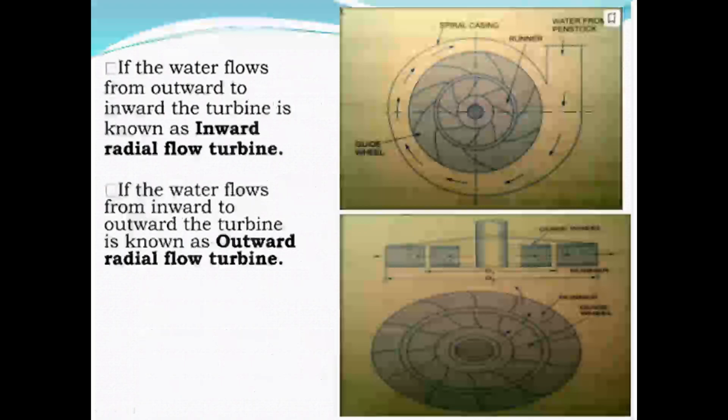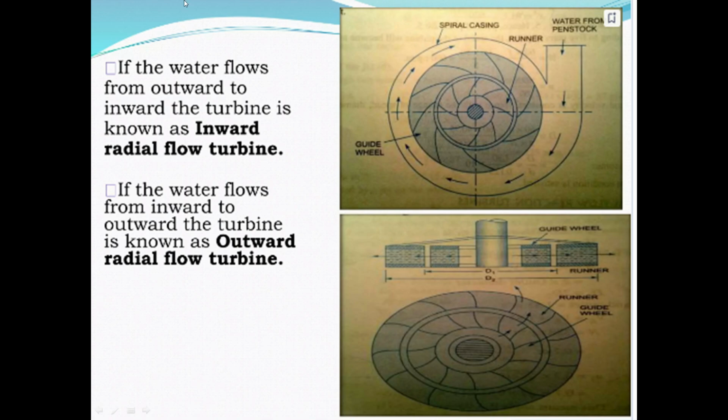Now, here you can see very clearly the inward radial flow turbine and the outward radial flow turbine. As I have already explained, in the Francis turbine, water enters from the outside through the guide wheel and enters the runner. Therefore, it is called an inward radial flow turbine.